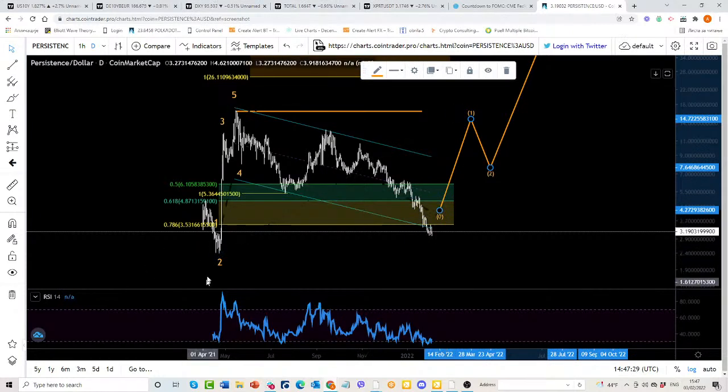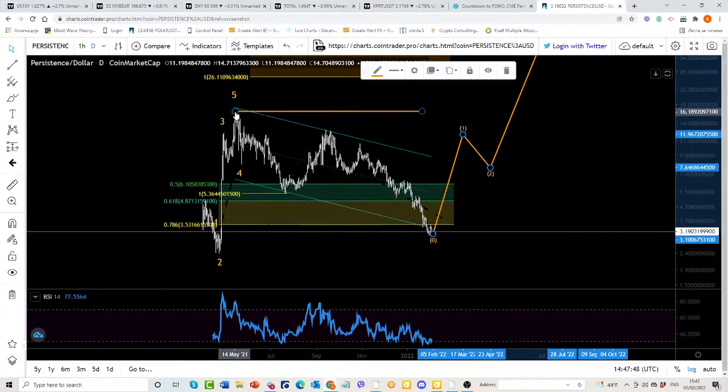Okay, so when I see 5 waves up and potentially 3 waves down, some type of a triangle or a B wave and a longer C wave, I want to see a reversal signature around these levels, around 0.786, which is the retracement level when you measure this leg on the upside. So we are there. We need to see very soon a reversal on Persistence if we want to stay bullish.